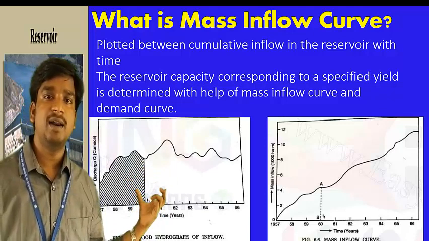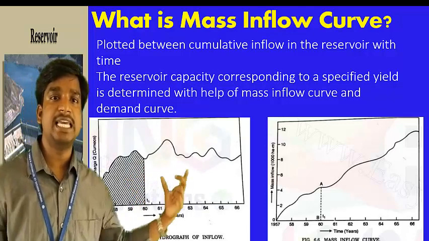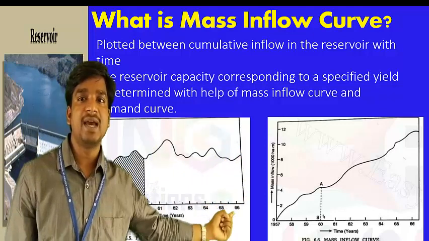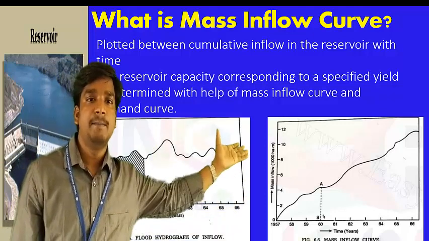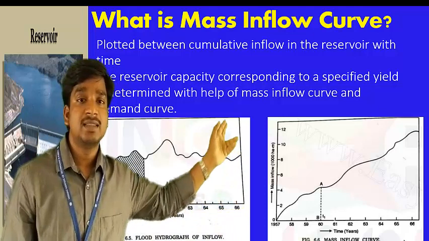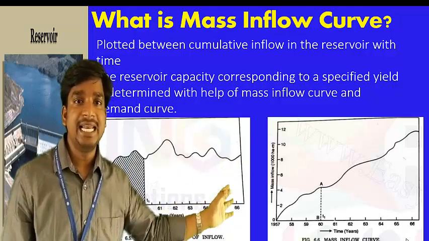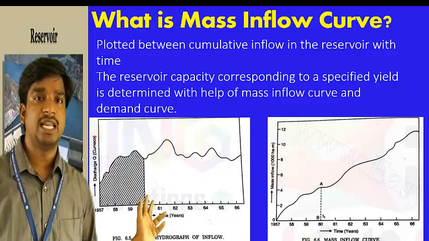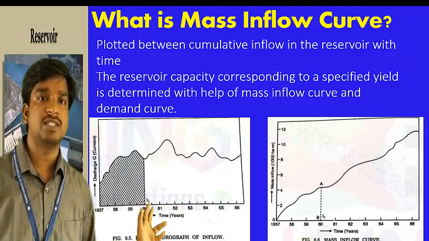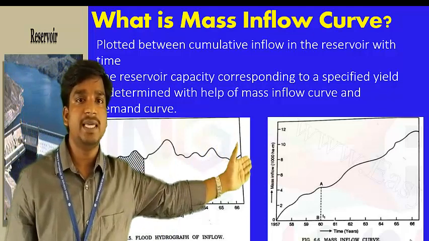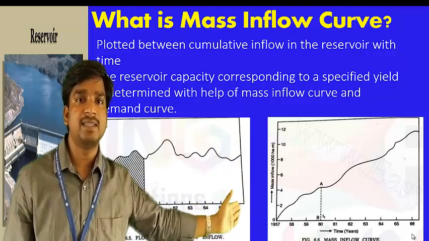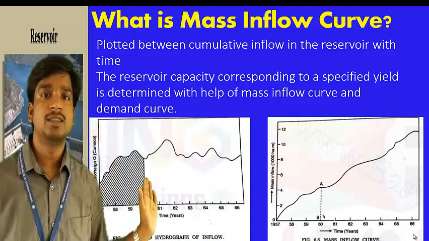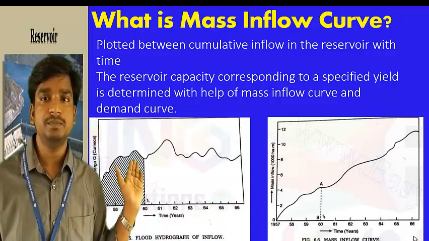This hatched area is indicated by the ordinate AB in the mass inflow curve. This ordinate AB represents the total area of the hatched portion, means whatever volume of water is in the hatched area will be indicated by the ordinate AB. This AB is equal to the hatched portion.